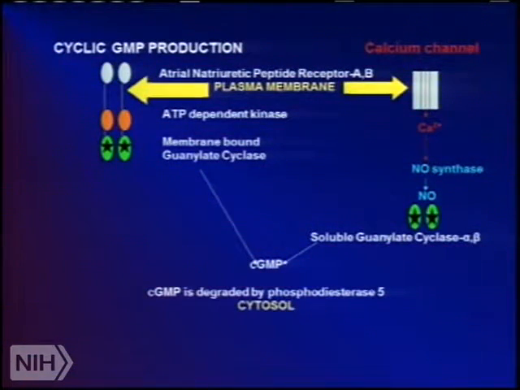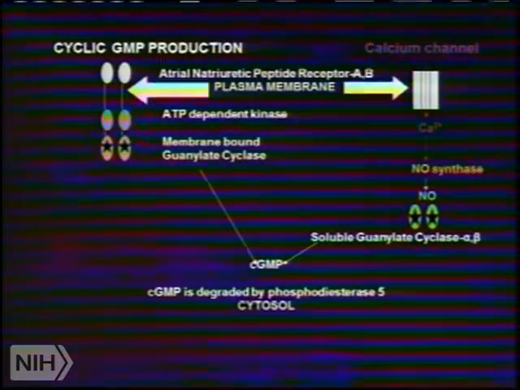Also, in the plasma membrane, we have what's called the atrial natriuretic peptide receptor. It's abbreviated ANP, and it has two subunits. The outside subunits bind the ANP, which causes a conformation change.